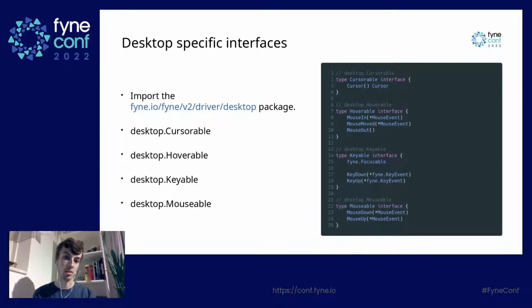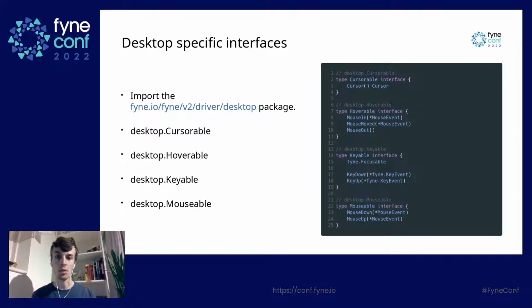We also have desktop.hoverable, which allows the widget to more specifically see when a mouse is moved in and when the mouse is moved within the object, and then also when the mouse is moved out. And then keyable is like an extension of Fyne.focusable, but with added methods for key down and key up.